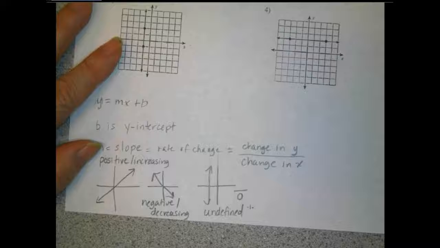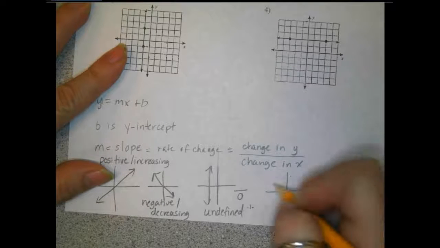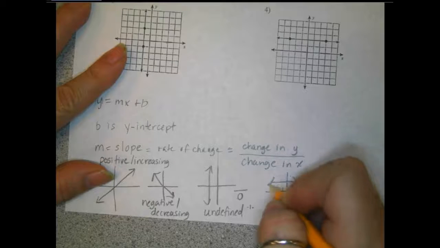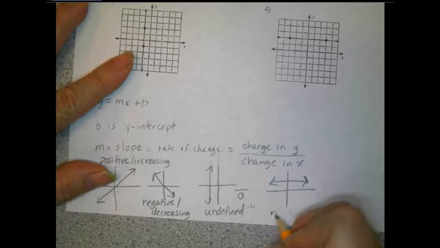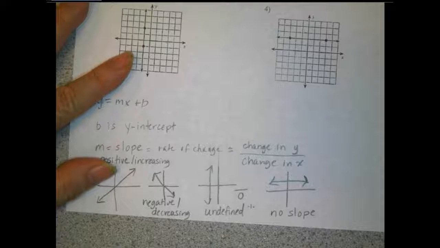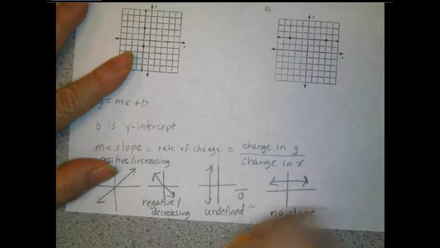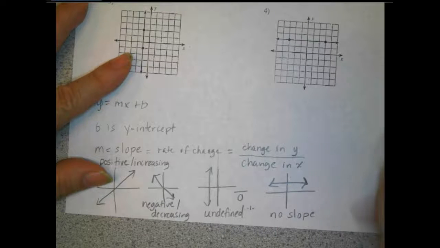It doesn't have a slope, no pitch. It's just a vertical line. And the last type of line that we have is a line that goes horizontal. We call that no slope. So there is no slope. That would be when m is equal to 0.